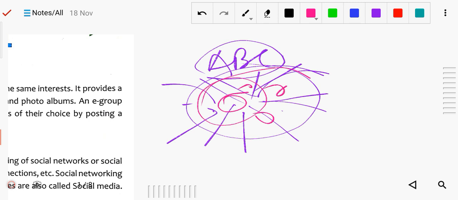Suppose you are interested in cars. So here all the people have an interest in cars, and that's why they can share ideas or information regarding cars only. So that's why all these people are together.